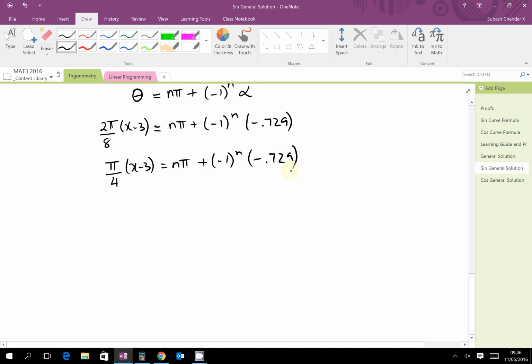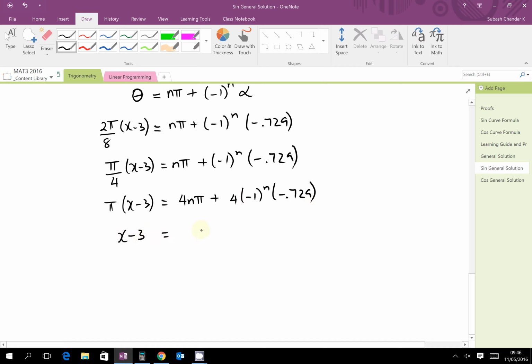If I rearrange it, I'm going to multiply everything on the other side by 4. So I have 4n pi plus 4 times negative 1 n negative 0.729, and the whole thing divided by pi.